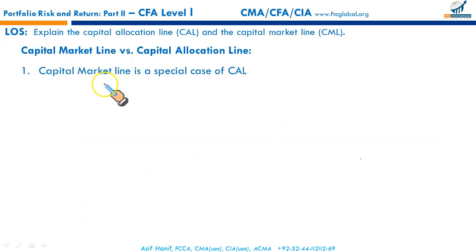The capital market line is basically a special case of the capital allocation line. How does it differ? The capital allocation line is made up of an allocation between the risk-free asset and a risky portfolio for an investor, whereas in the capital market line, the risky portfolio is the market portfolio.